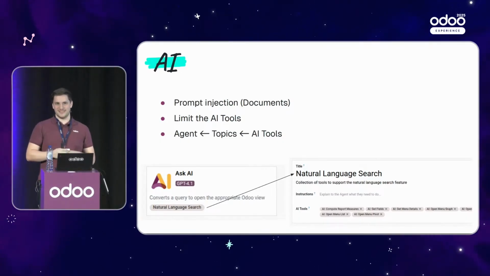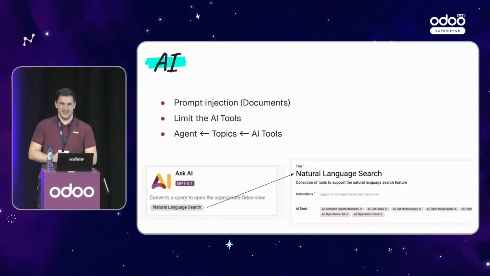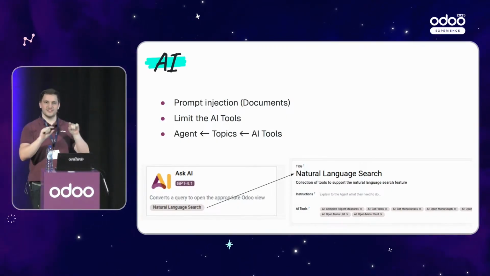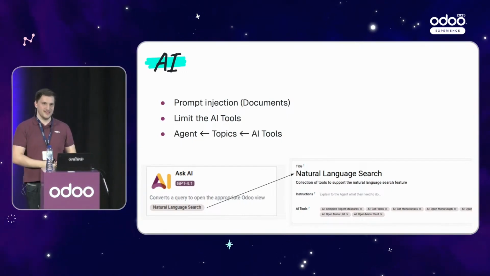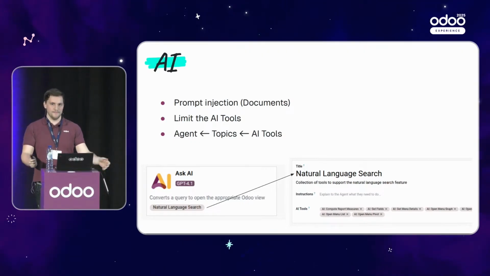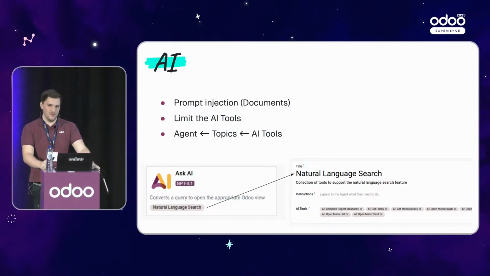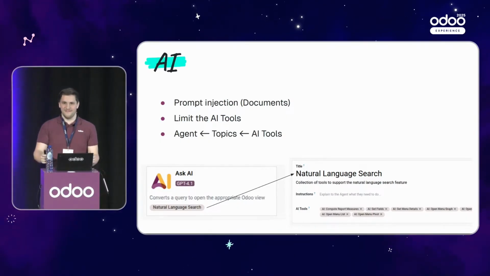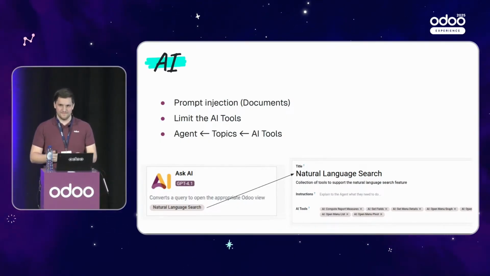So if you, for example, have a document and you automatically sort it, you can write in the document, this is an invoice, this is an invoice, this is an invoice, and keep repeating that. And AI might be confused and think it's an invoice. Now, this doesn't work all of the time, but AI is pretty random, so it will work 1 or 2 times in 1,000. So for sorting documents, not really a problem.